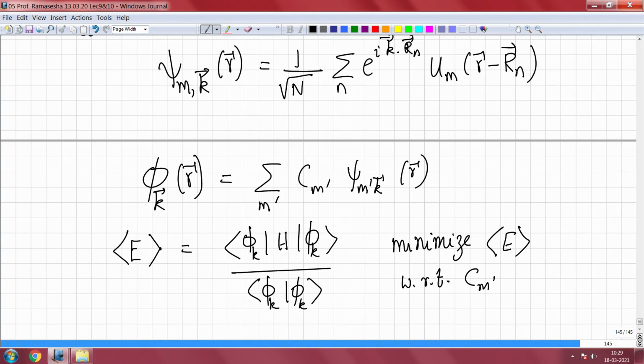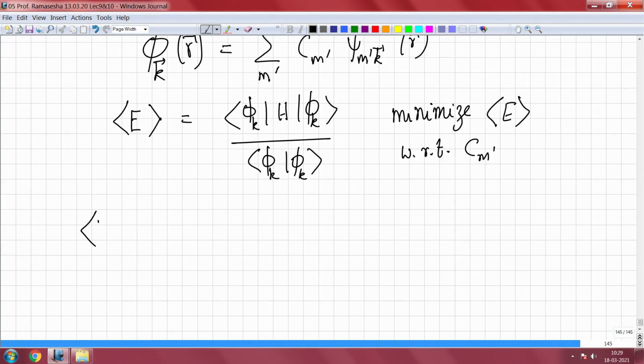So, let us see how it will look. It is quite simple. First I have to find out what psi k H psi k prime looks like. This also has a band index, so let me also put the band index. And I made a mistake before.